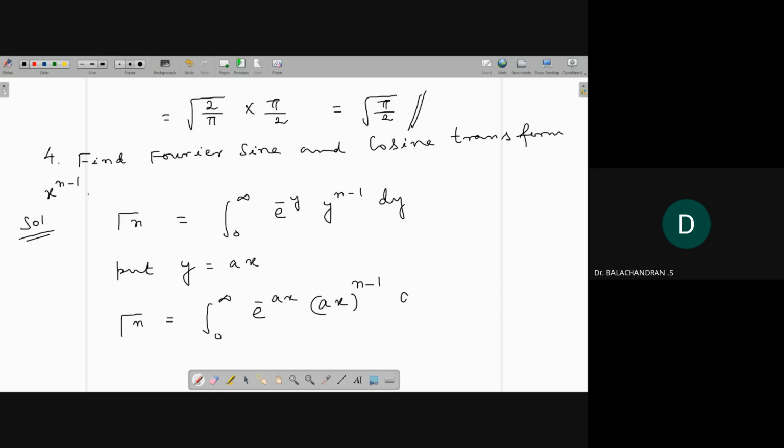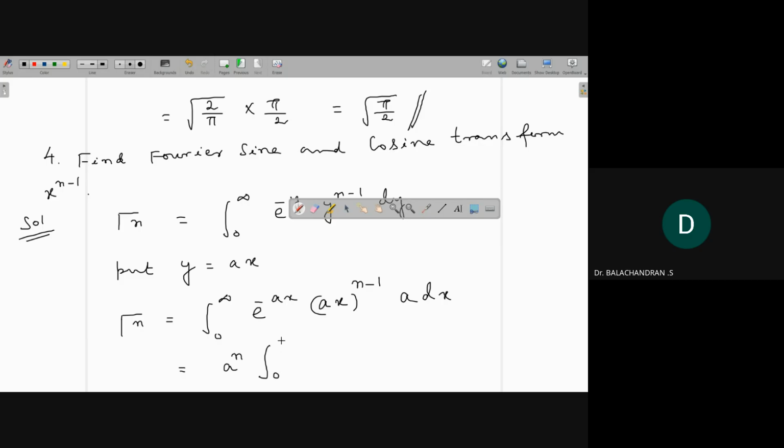A into dx. So now gamma of n equal to integral. So a power n minus 1 times a, so a power n. I'll take it out. A power n integral 0 to infinity e power minus ax into x power n minus 1 into dx.